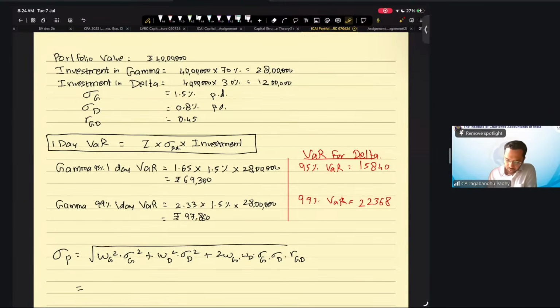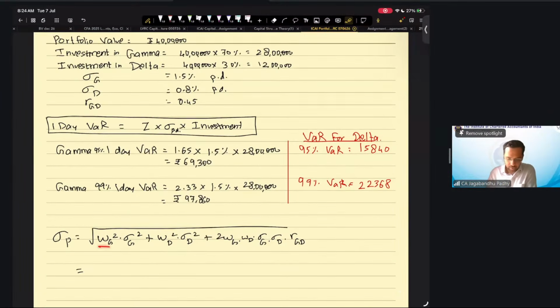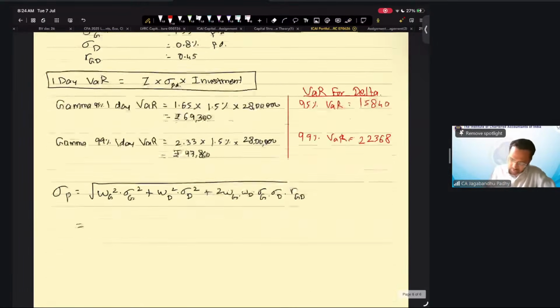So we have to just substitute. The weight of gamma is 70%, so I'll substitute the numbers here.